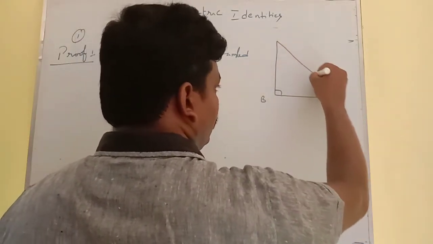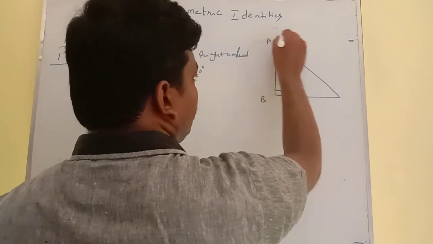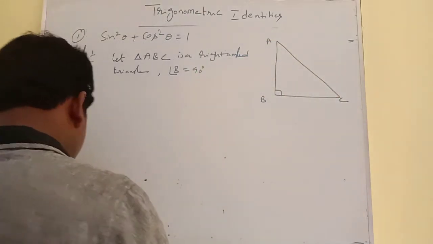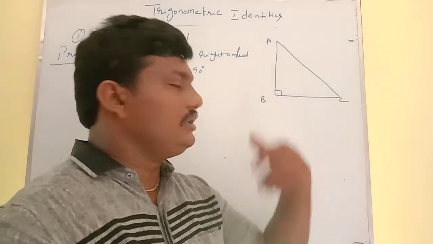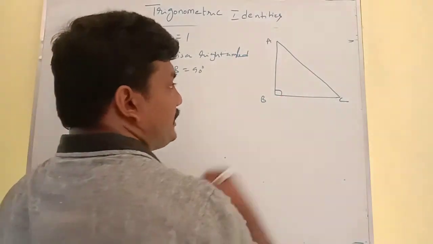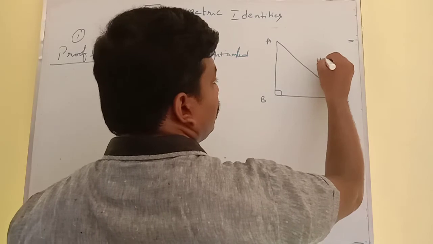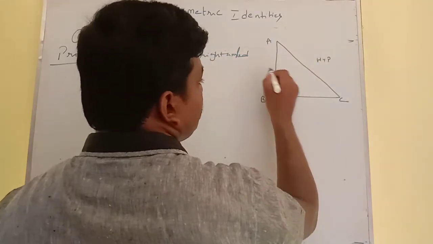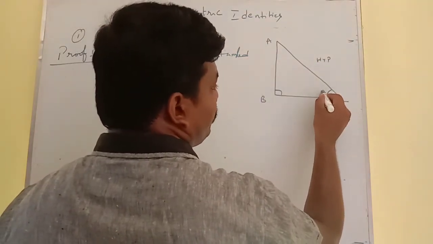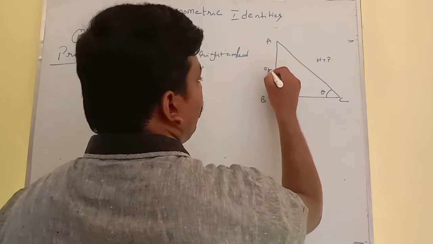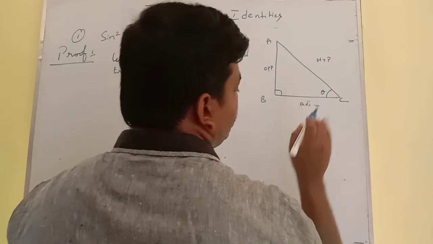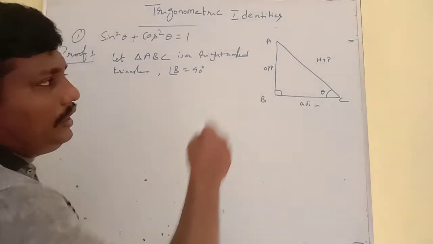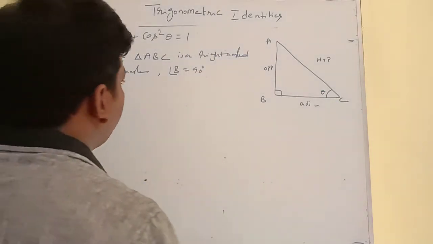This is angle B, and this is AC. Now we know that AC is the hypotenuse. Let me consider theta as the observation angle here. So this is called the opposite side, and this is called the adjacent side.